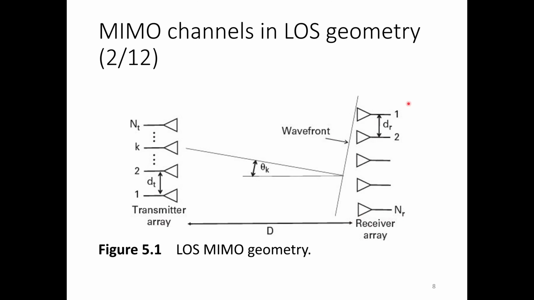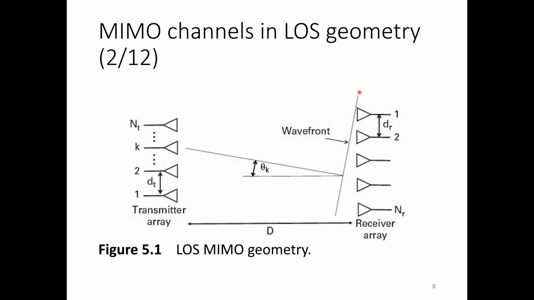The receiver array has NR receive antennas, and the distance between the first and the second antennas is DR, and so on. Between the transmitter array and the receiver array, the distance is capital D. And this is the k-th transmit antenna. And this line denotes the moving direction of the electromagnetic wave.